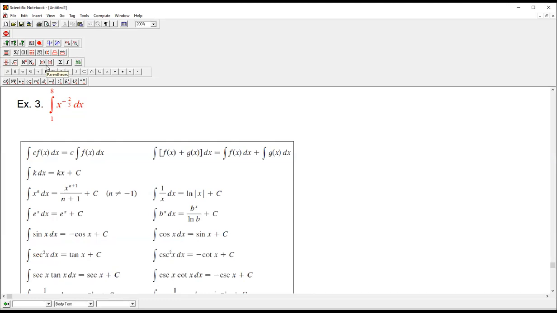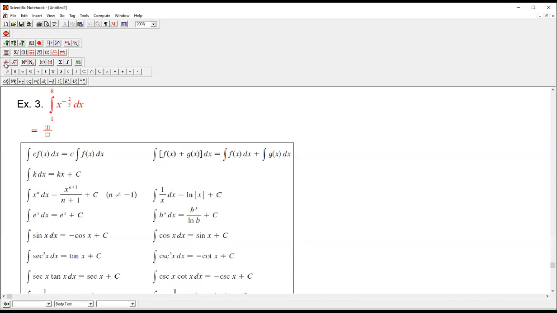How do you show work? You can use this formula, and you can choose c equals 0, because for the fundamental theorem of calculus part 2 you only need one of the antiderivatives. Now the antiderivative, we can follow this formula, with n equal to negative 2/3.